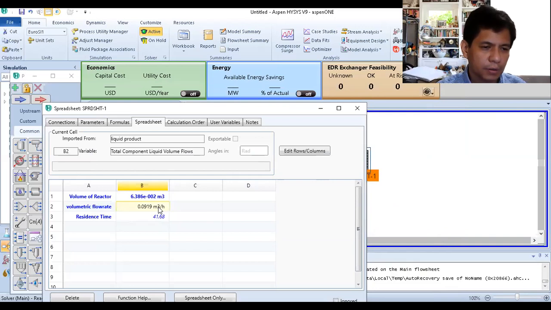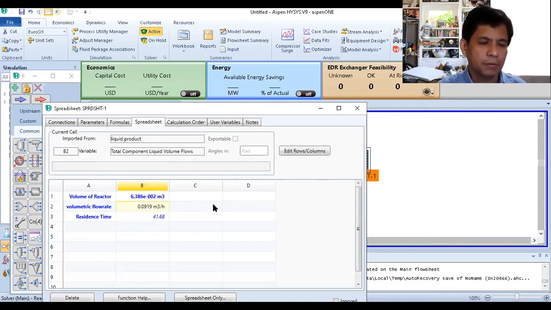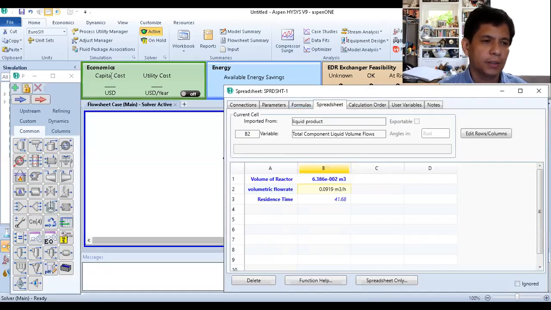Parang masyado pa rin. Probably this is error to ng ano. Yung difference ito ay dun sa fluid package. Siguro hindi siya ideal. Nag-RK siya.